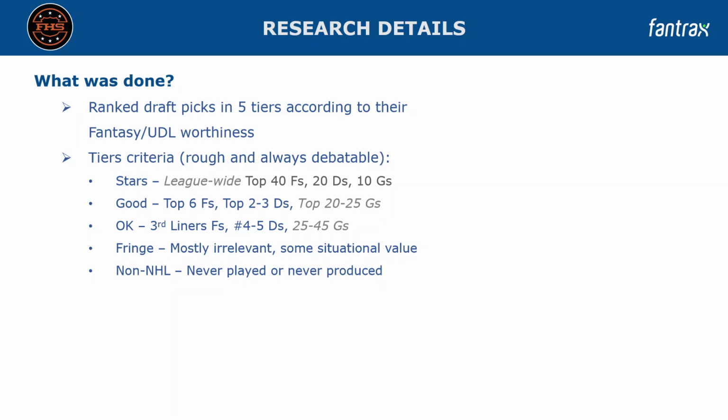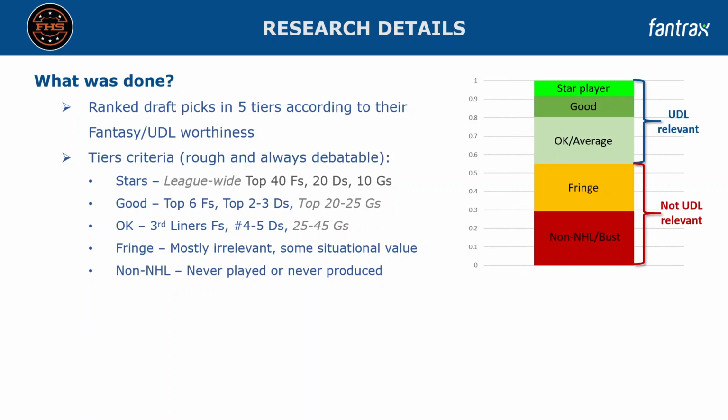If it says fringe here, it means it's fringe for our league, and if it's okay or average, it's based on our league. And this is how we will visualize most of the next graphs. And this is not only an exemplary picture, it's actually the overall result of all players.